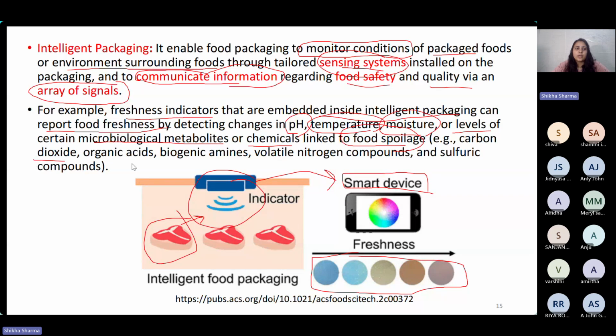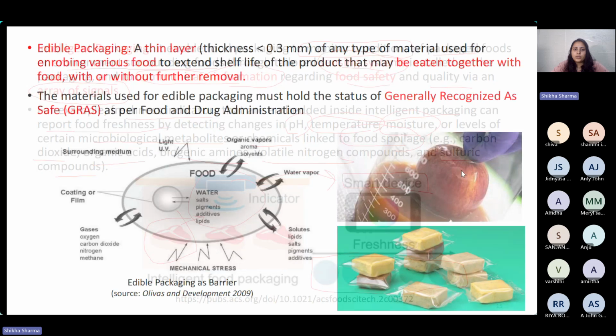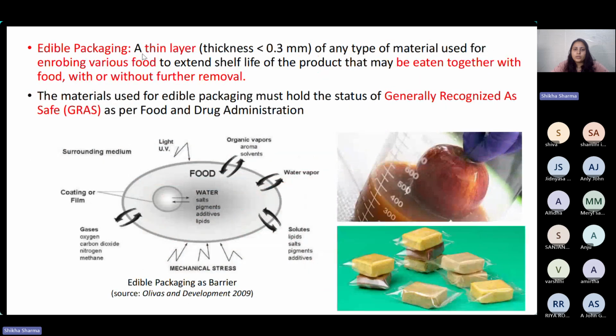The sensors will detect all these things like organic acids amount, biogenic amines, volatile nitrogen compounds, or sulfuric compounds. So they will sense all these compounds and communicate to us about the food safety. Then next is the edible packaging.